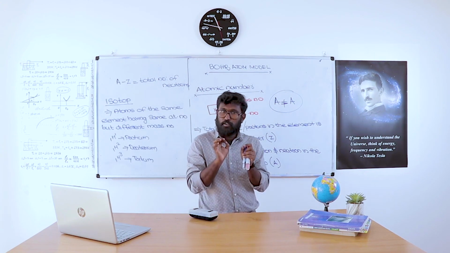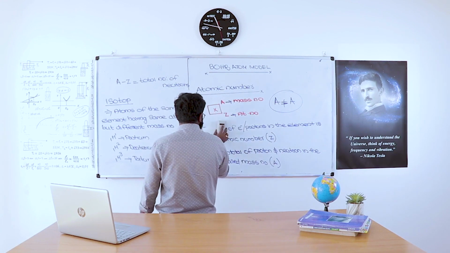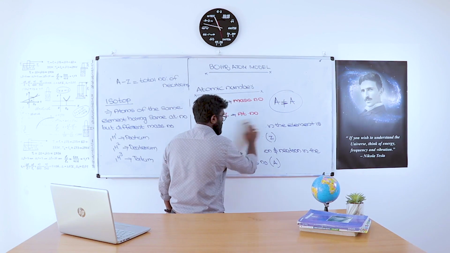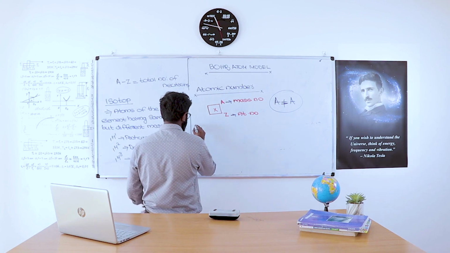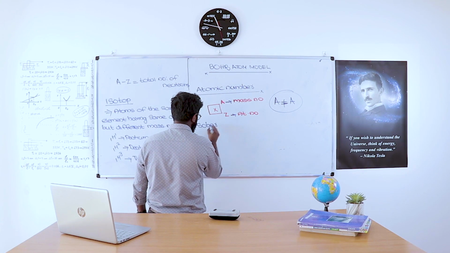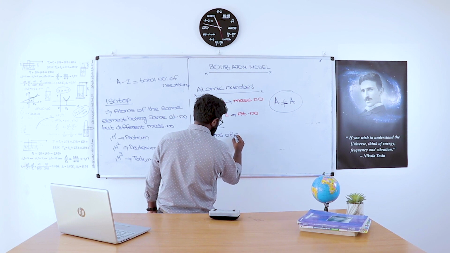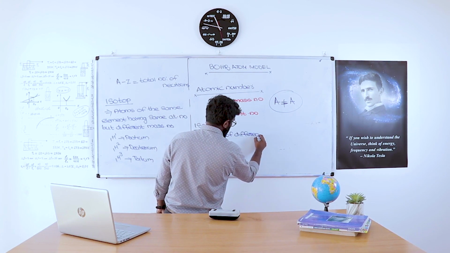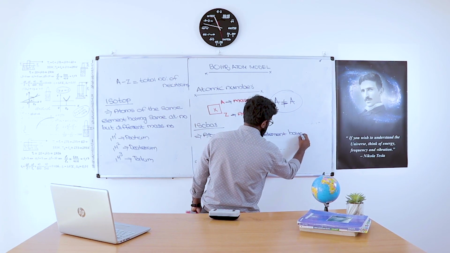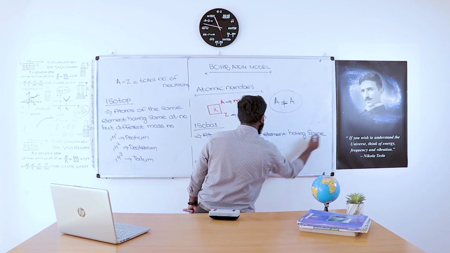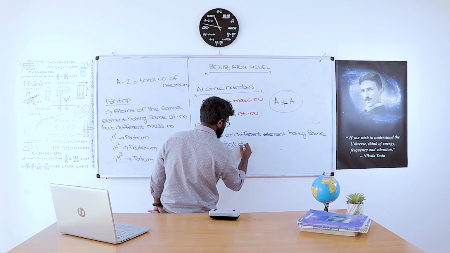So atoms of the same element having the same atomic number but a different mass number are called isotopes. Now let us check isobar. Isobar means atoms of different elements having the same mass number but different atomic number.